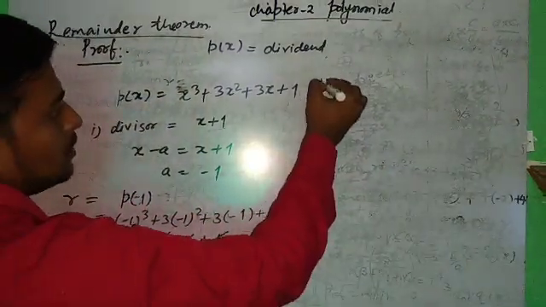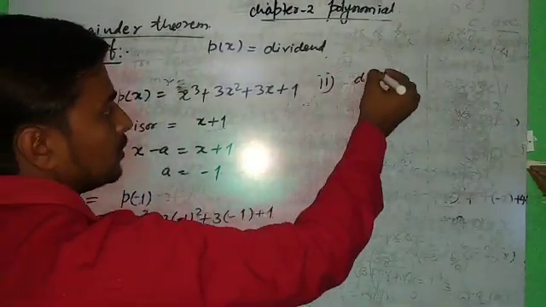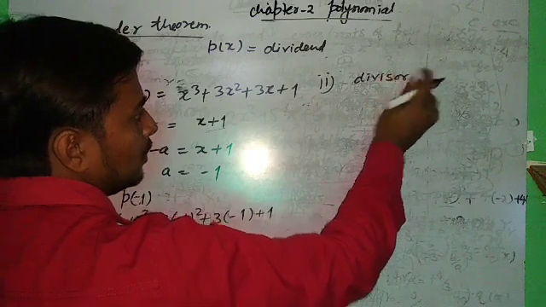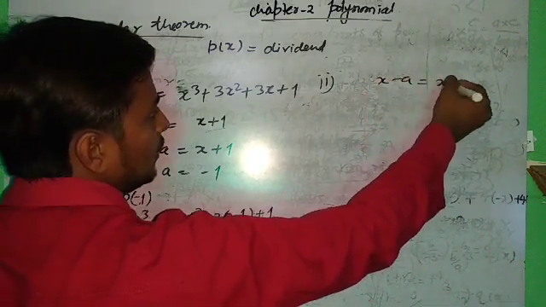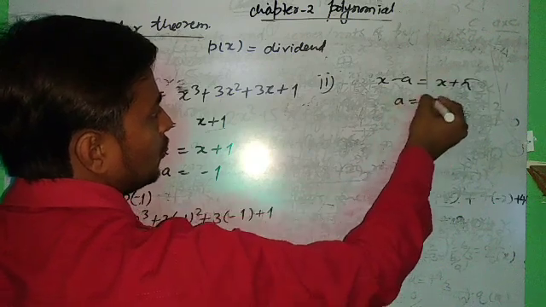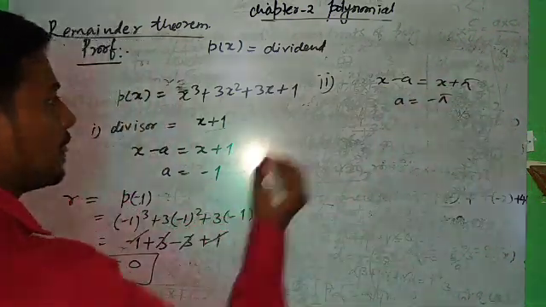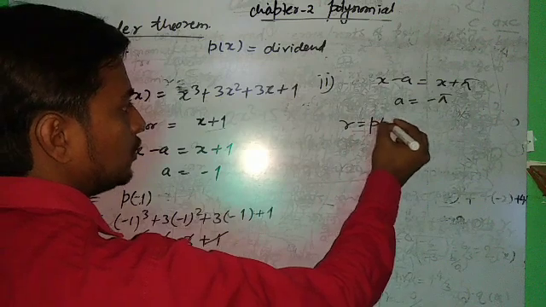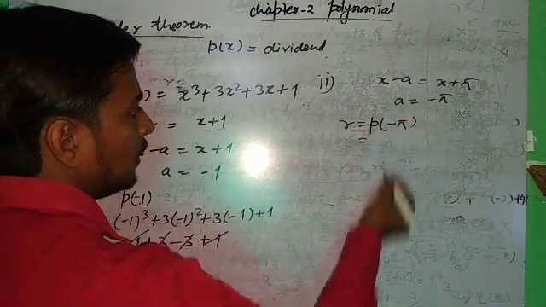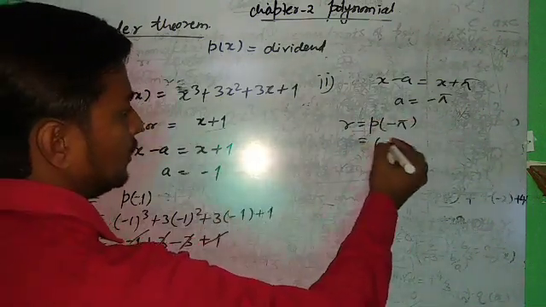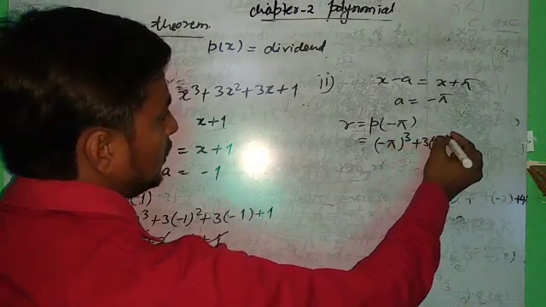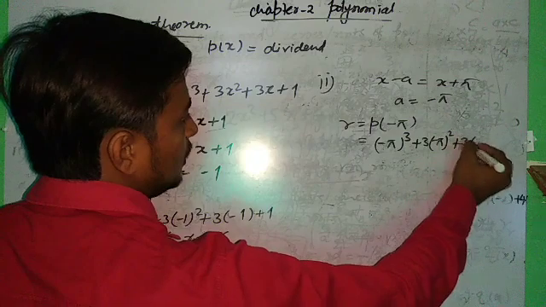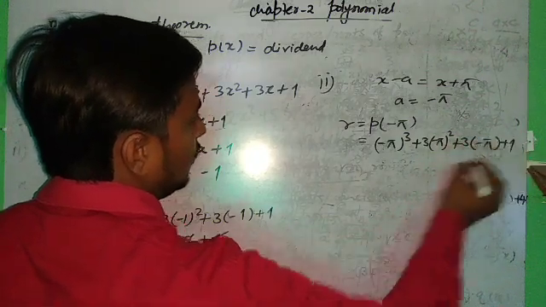The second case, when the divisor is x plus pi, you can write easily x minus a is x plus pi. So a is equal to minus pi. So remainder is equal to P(minus pi). So the number will be (minus pi) cube plus 3 into (minus pi) square plus 3 into (minus pi) plus 1.